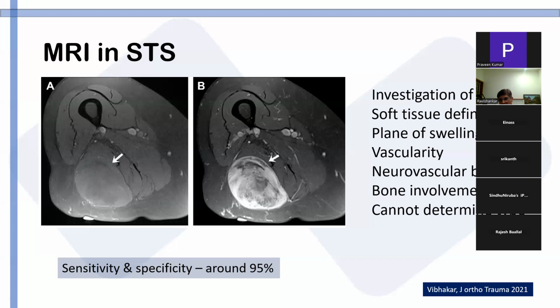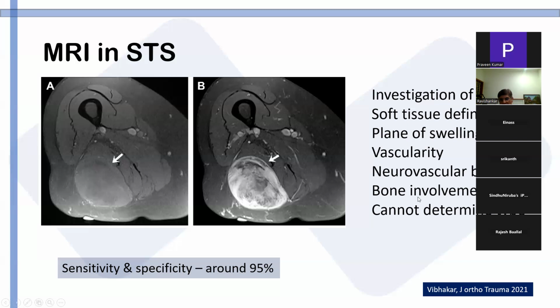And whether you can do surgery or not depends on the definition of the tumor and its relation or proximity to the neurovascular bundle. And that has to be defined. Otherwise, you have to do something else. We'll discuss that later as we go along. So this soft tissue definition being good is very, very important. And that's why MRI is the investigation of choice.